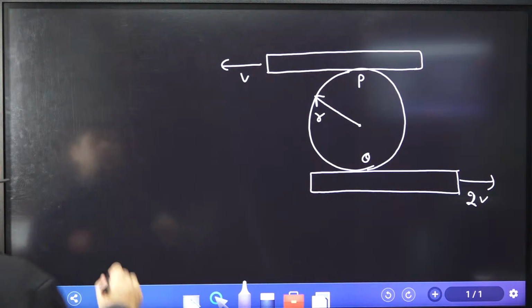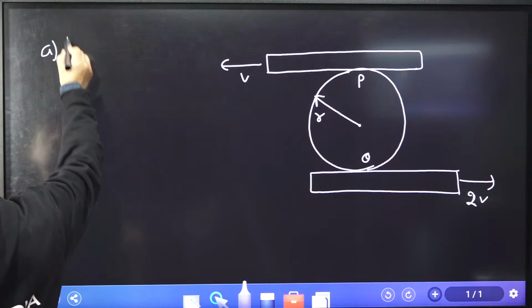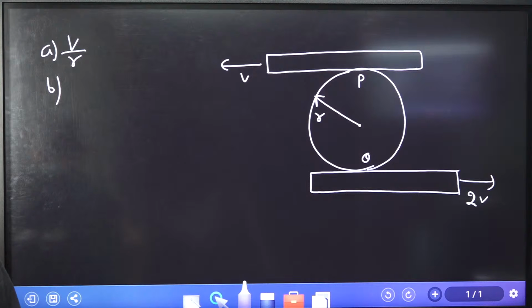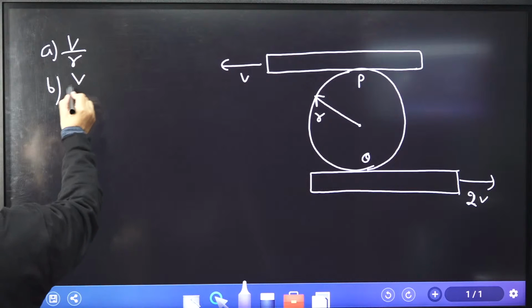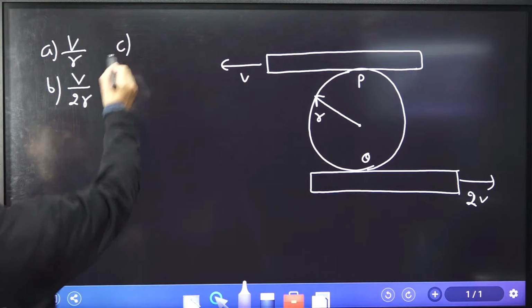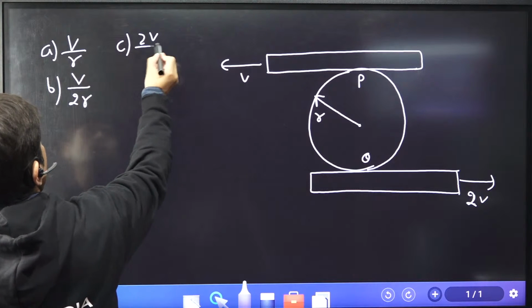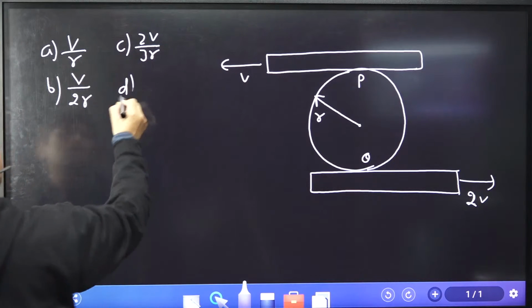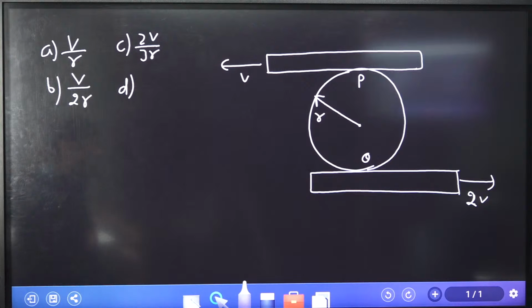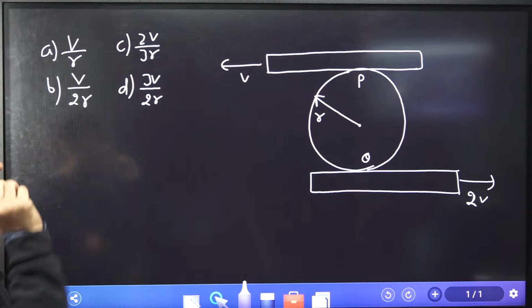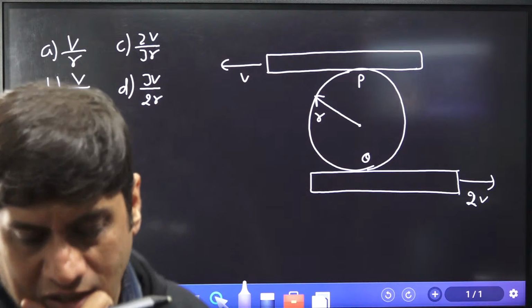The options given are V over R, V over 2R, 2V over 3R, and 3V over 2R. These are the four answers given to us.